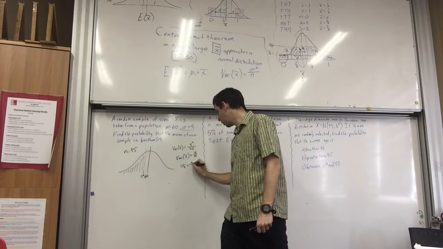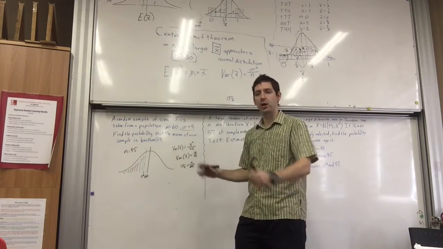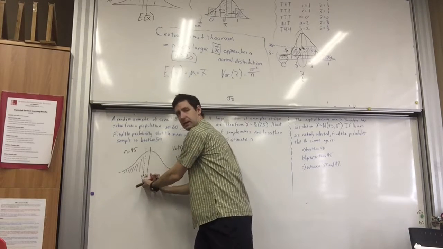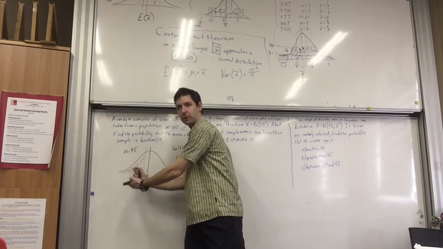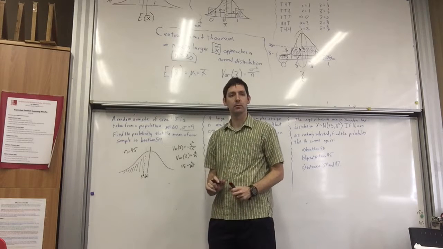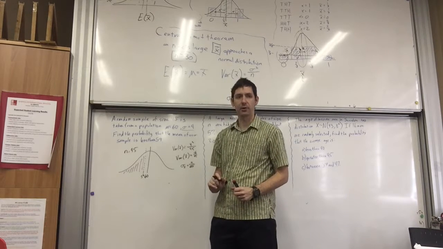So 4 over the square root of 45. Now, knowing the standard deviation and knowing the mean, can you calculate the probability of getting below 59 using norm CDF on your calculator?